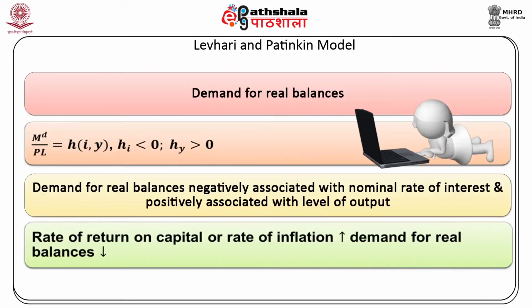The demand for real balances can be written as M_D/PL = H(I, Y), where H_I is less than 0 and H_Y is greater than 0. This indicates that demand for real balances is negatively associated with the nominal rate of interest and positively associated with the level of output. Other things remaining the same, if the rate of return on capital and/or the rate of inflation increases, the demand for real balances falls.